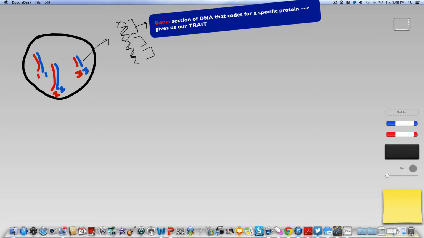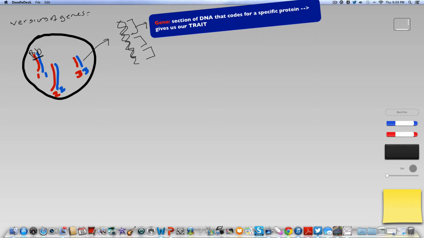For example, let's say your mom gave you the gene for brown eyes, so we'll put a big B there, and your dad gave you the gene for blue eyes, and we put the little b there. So on chromosome number 1, we're carrying the gene for eye color. Your mom gave you one version of it, your dad gave you another version of it. Those versions of genes, if you remember, are called alleles.